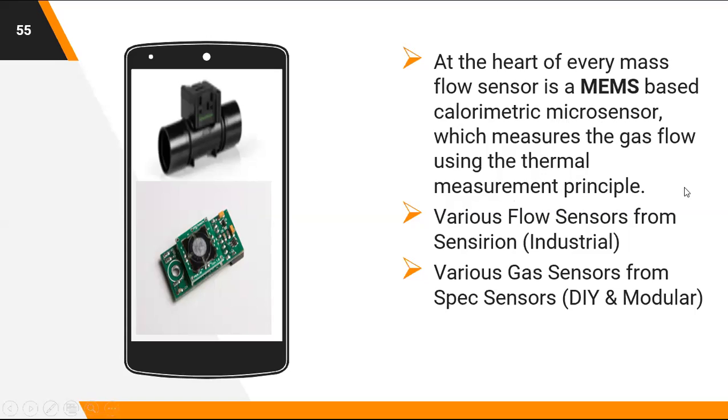We don't get deeper into it. Just make a note that it contains MEMS, which contains a micro sensor, and through that it works. The first one is developed by Sensirion. The second one is developed by DIY Modular company.